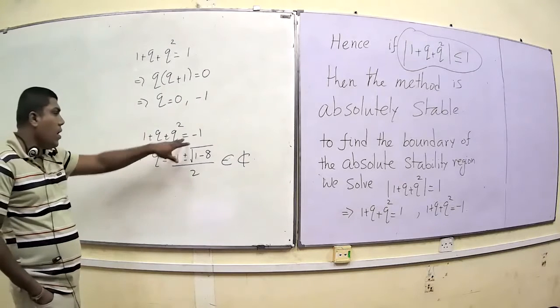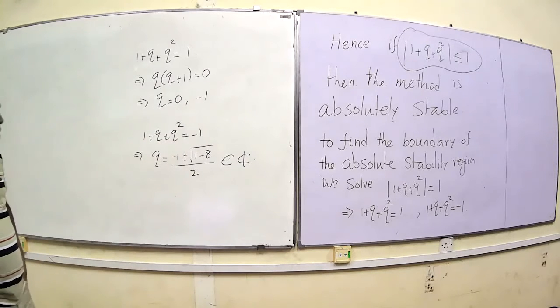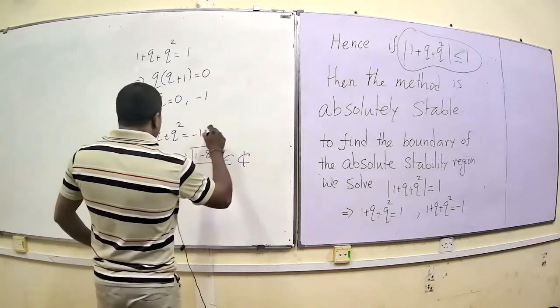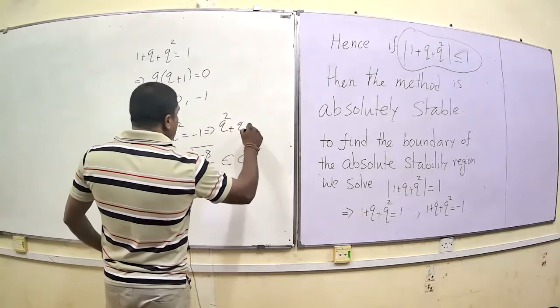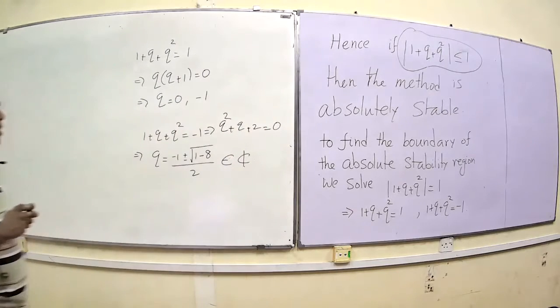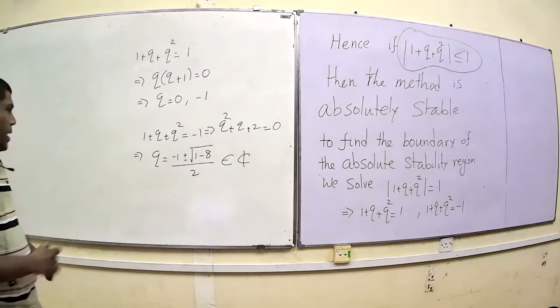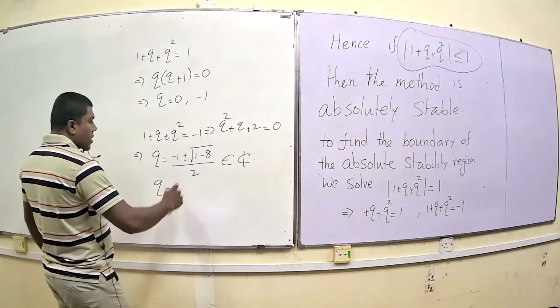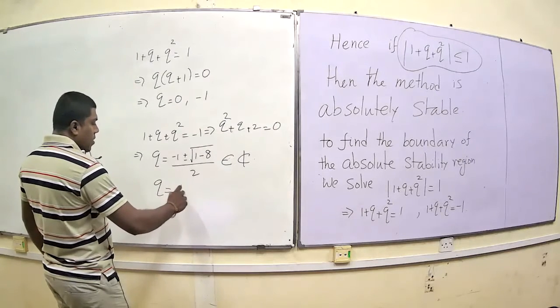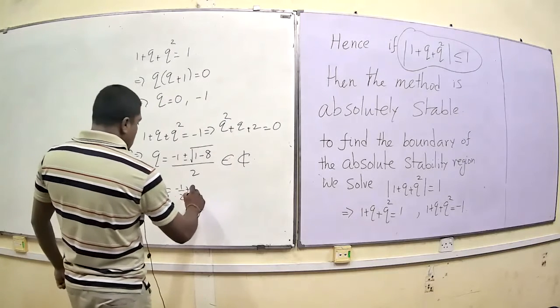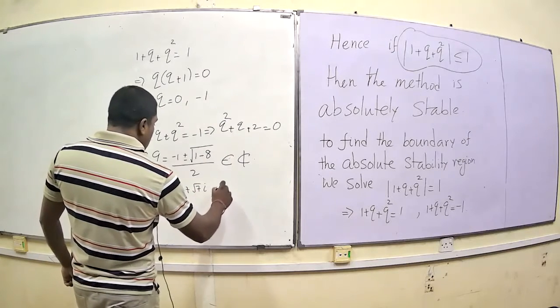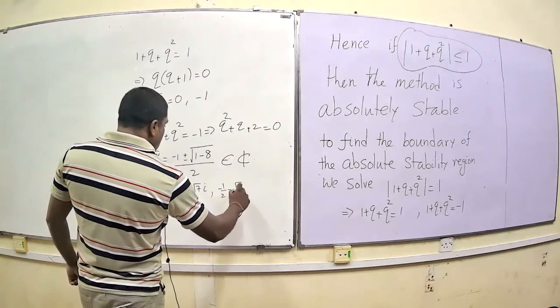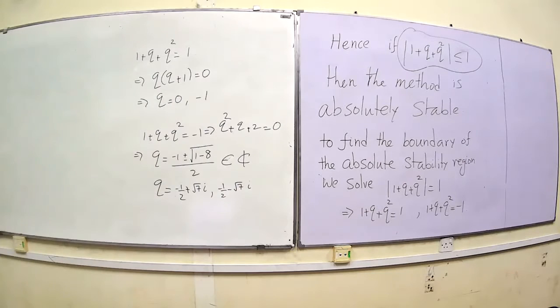And then the other case gives you two complex roots, using minus b plus or minus the square root of b squared minus 4ac. It actually gives you q squared plus q plus 2 equal to 0. So you end up with q equal to (-1 plus or minus the square root of 7 i) over 2, right? So you can see these complex numbers: minus one half plus square root of 7 over 2 times i, and minus one half minus square root of 7 over 2 times i.